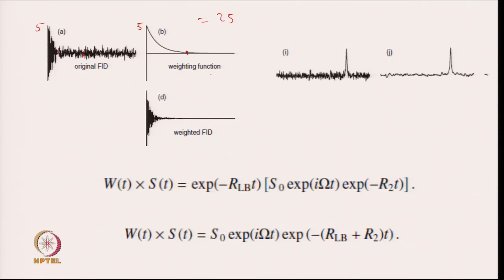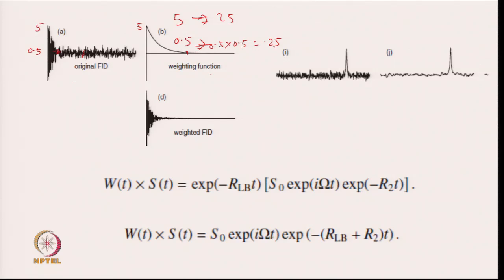And suppose here the signal is around 0.5 and this one is 0.5. So, 0.5 multiplied by 0.5 gives 0.25. So, you see 5 is going to 25, whereas 0.5 is going to 0.25. So, 5 is getting enhanced, whereas 0.5 is getting reduced.